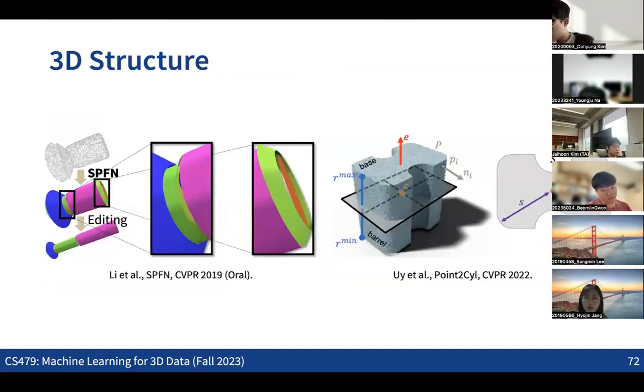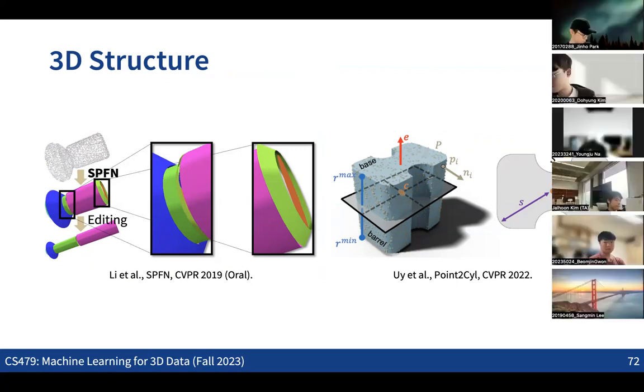And also for many 3D objects, there are certain structures that we can see. We humans can see lots of structures like flat planes, parallel lines, cylinder shapes, cone shapes, and parallel planes as well. These are structures that we humans can perceive from many 3D objects in the scenes.